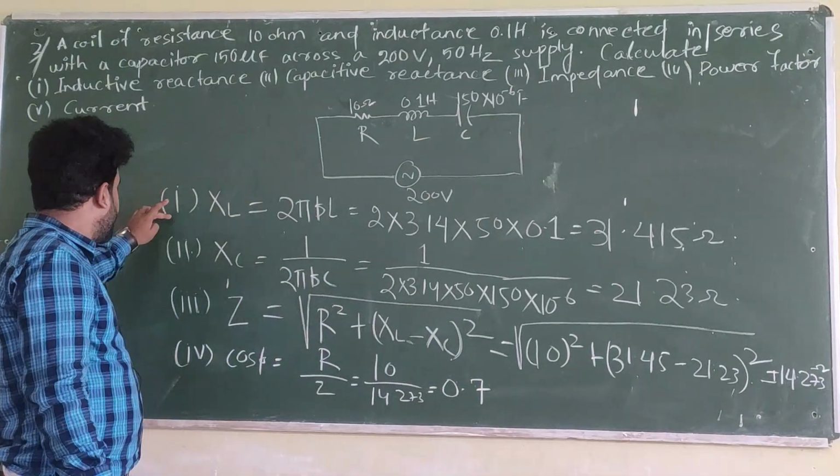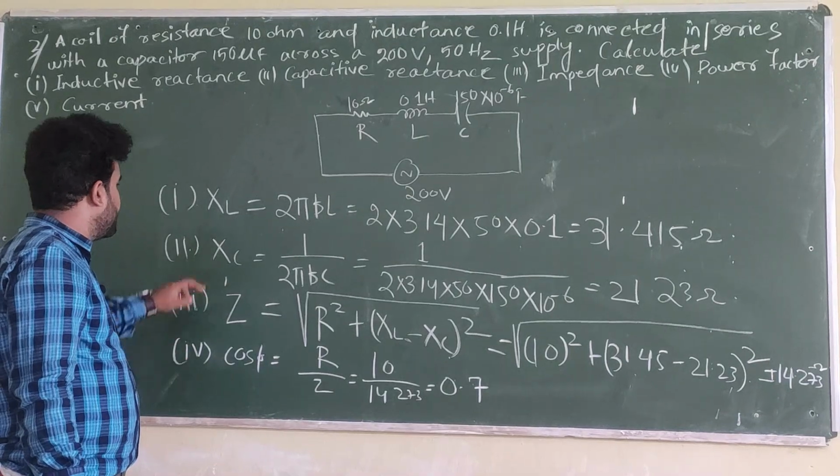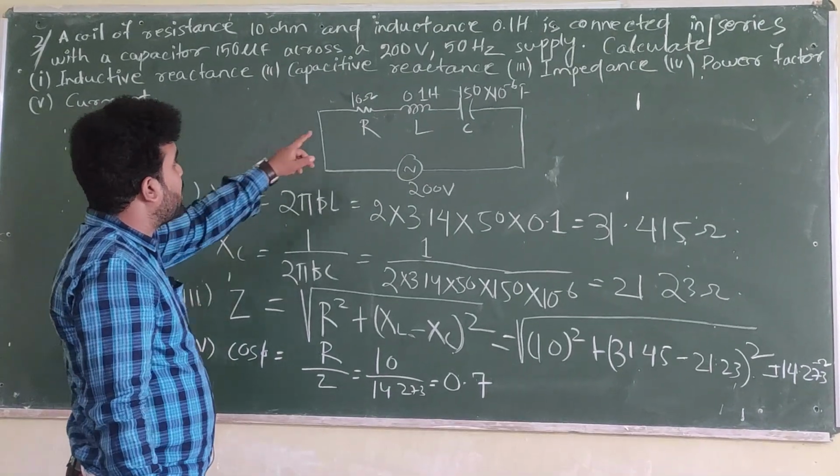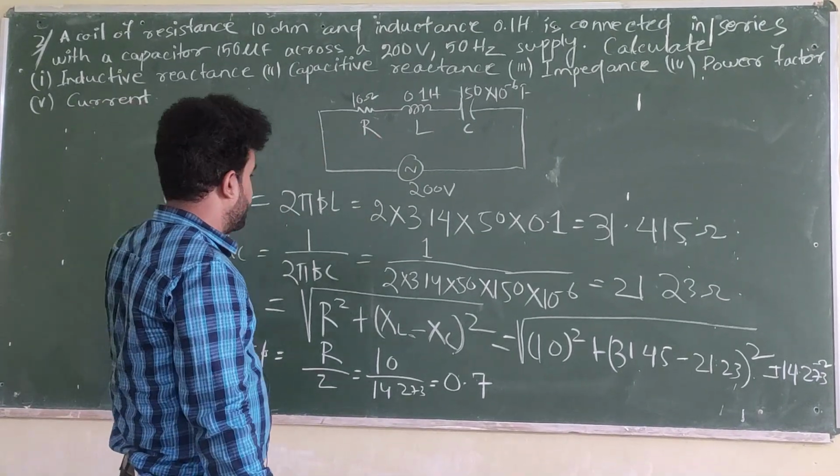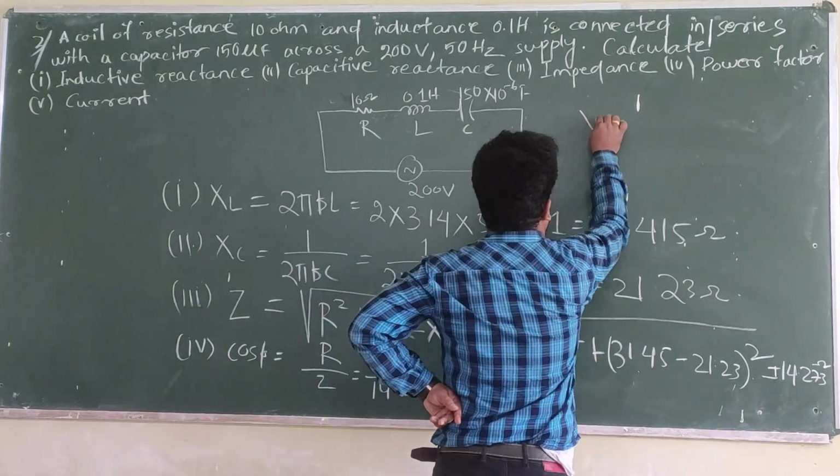So you found XL, XC, Z and cos phi. Then current.